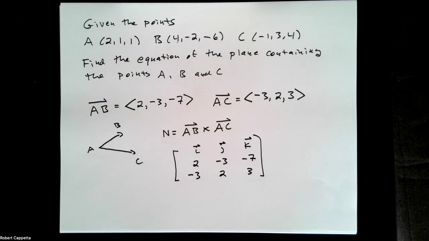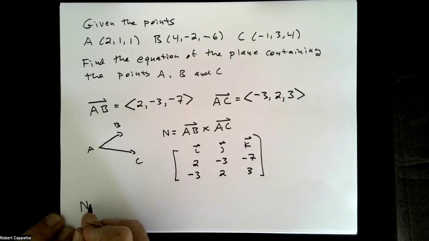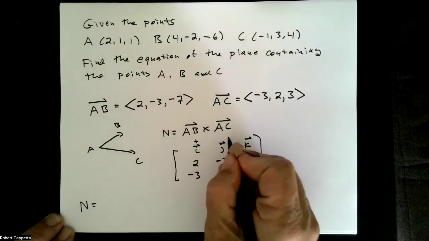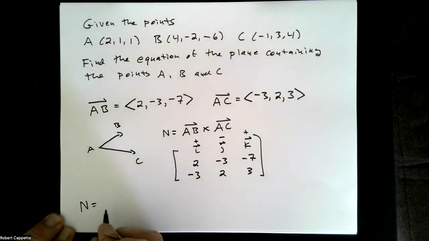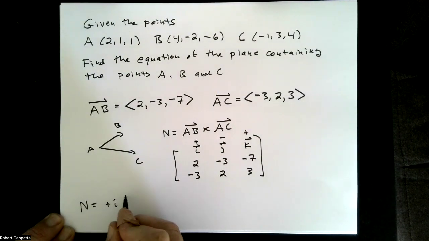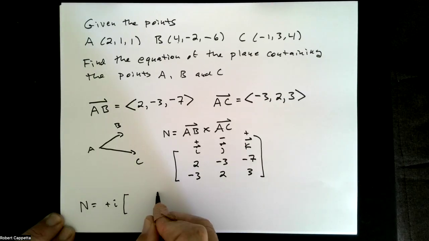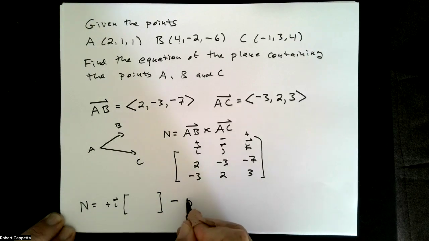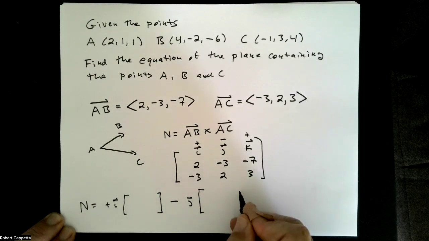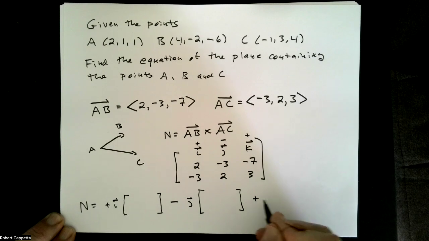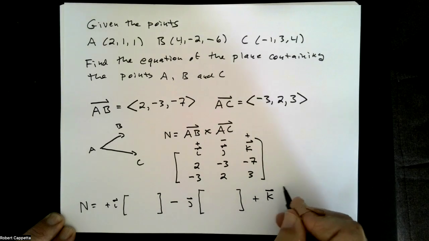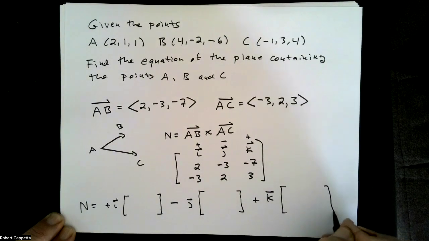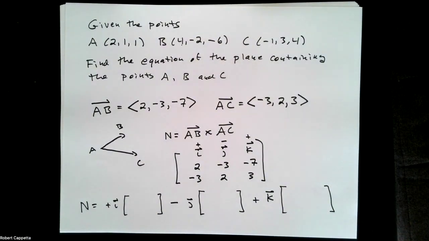So how is that going to work? It's going to be the normal vector N, with plus, minus, plus across the top: plus i times its minor, minus j times its minor, plus k times its minor. How do we find the minors?